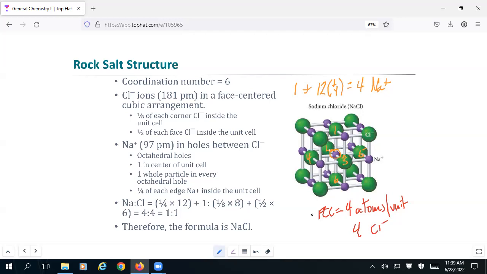Those are face-centered, they're a half each. There's a body center, that one's 1 each. Being able to just look at it that way and say, okay, I've got a structure, I know that this is that, and the green balls are this atom and the blue balls are a different one. What is the formula?